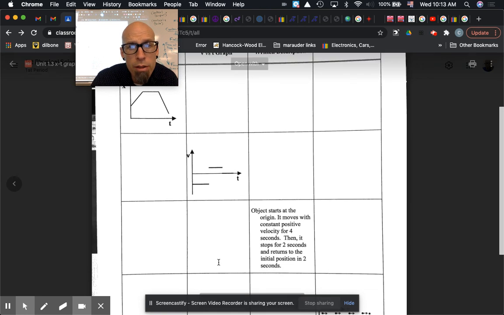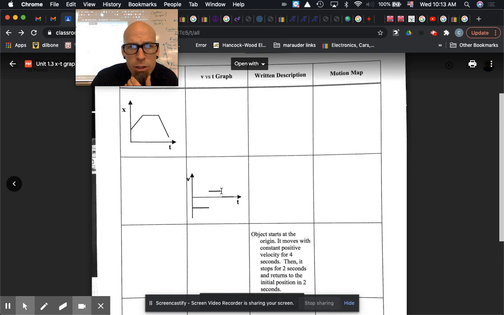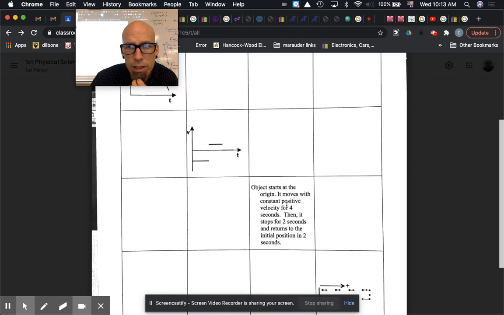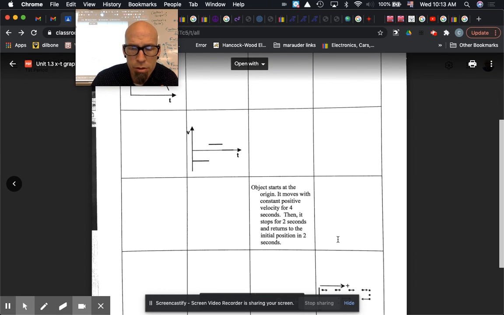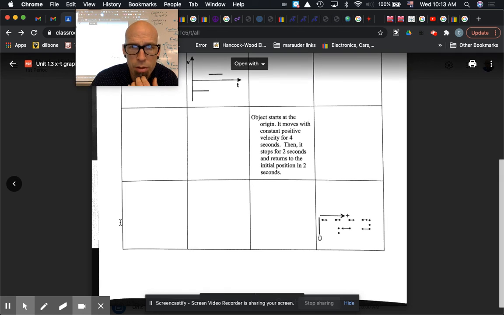If you want to do some others, see each row here: this one they give you the VT graph and you have to fill in the other 3. This one they give you the written description and you have to fill in the other 3. And this one they start you with a motion map and then you have to fill in the other 3.